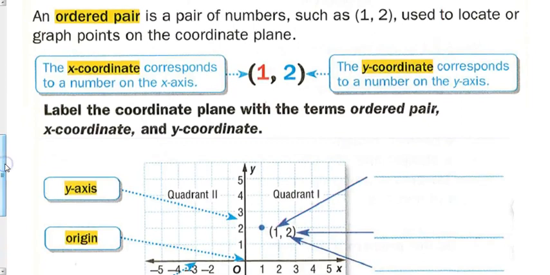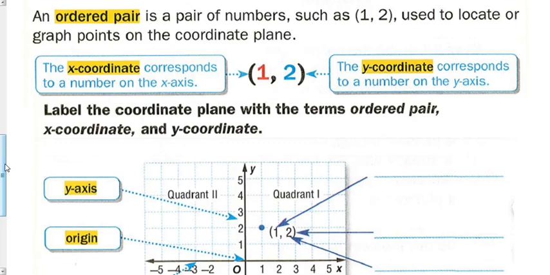So we have points on our coordinate plane, and they are called ordered pairs. An ordered pair is basically a set of directions on how to get to a specific point on the coordinate plane. So you have 2 directions basically. Just like if you were using Google Maps and it says go down the street and turn left, and then go down 5 miles and turn right and arrive at your destination, same idea here.